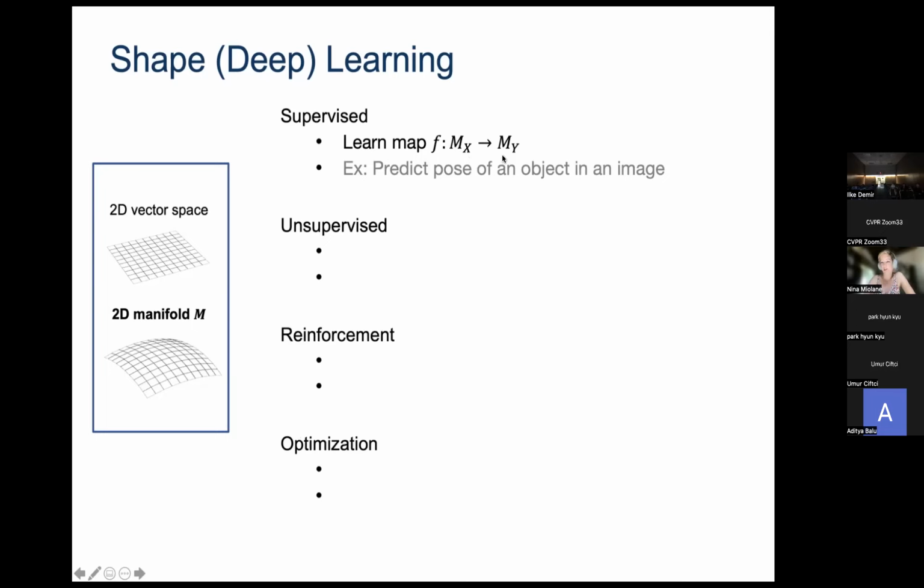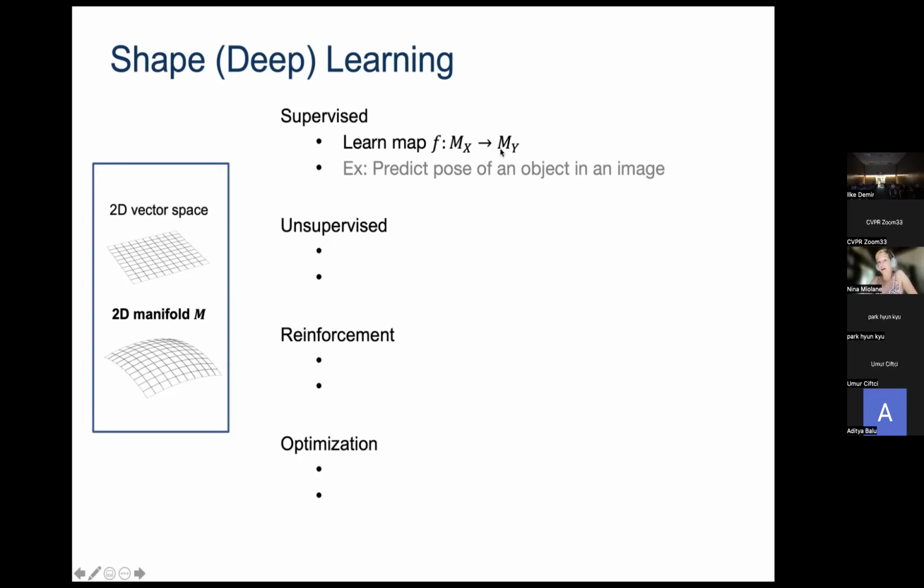And let's rename the output space Y as MY to denote that the output space can be a manifold. So this is a setting that will appear if we want to do shape deep learning. As an example, let's say MX is just an image, a 2D image of a 3D object. In that case, it's a special case of a manifold, but it's not a curved manifold.